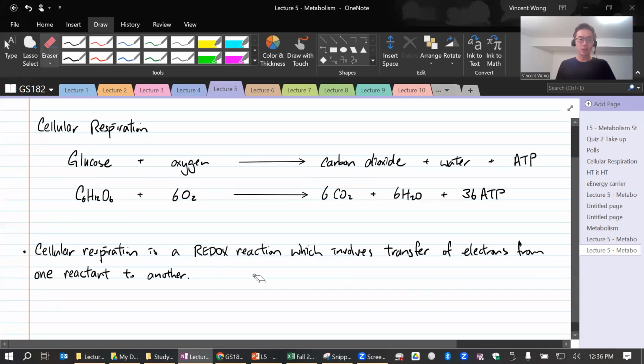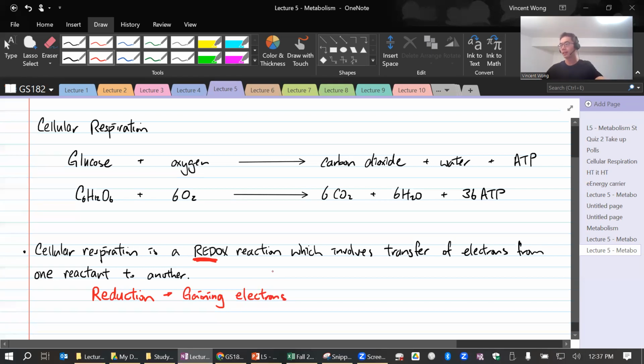Now, the word redox is a combination of two words. We have the red part, R-E-D, that stands for reduction. Okay, reduction means gaining electrons.